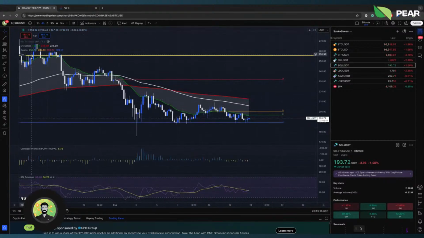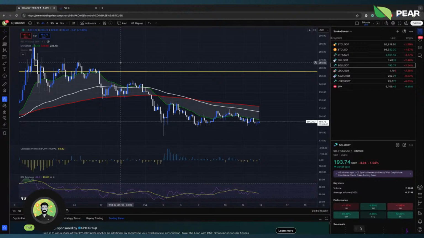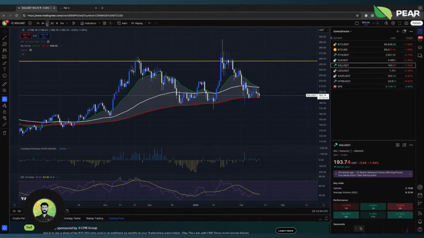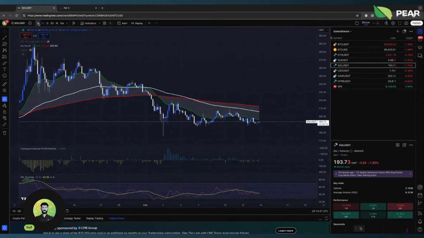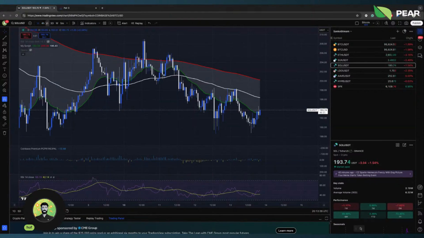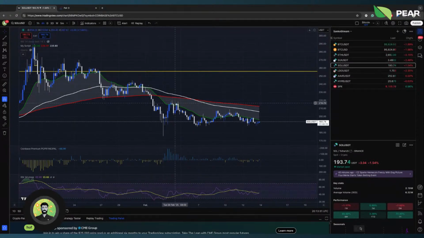These EMAs are really clean, so I'm going to get rid of these opens. Yeah, these EMAs are really clean in terms of resistance levels. So if I look at something like the hourly, or maybe even 4-hourly, you can just see that this 89-day EMA, or 89 period EMA, is just kind of capping the price. Whenever it gets anywhere near it, it just kind of gets slammed, and that's been the trend for a little while now.